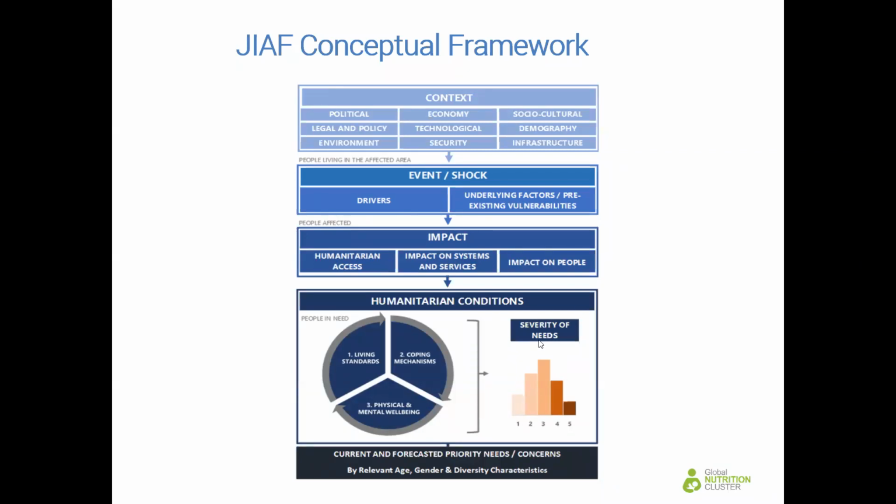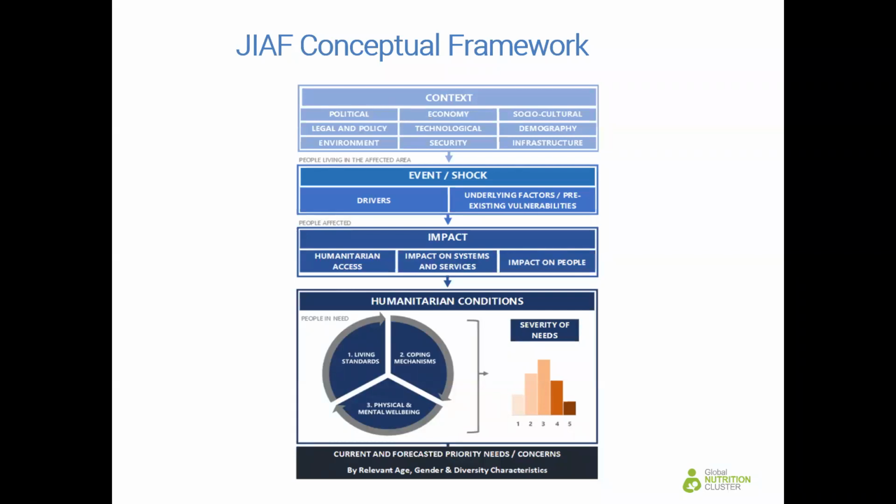And the third subpillar refers to information indicators about the physical and mental health of affected populations. So this means measures and observations around morbidity, mortality data, malnutrition outcomes, psychosocial, physical impairments, injuries, trauma, etc. And if there's data available, could also include grave human rights violations, etc.